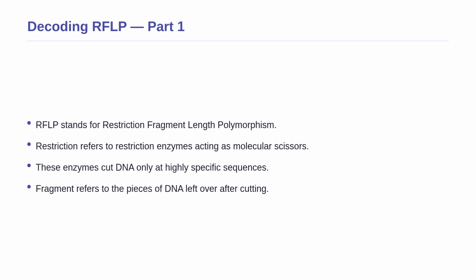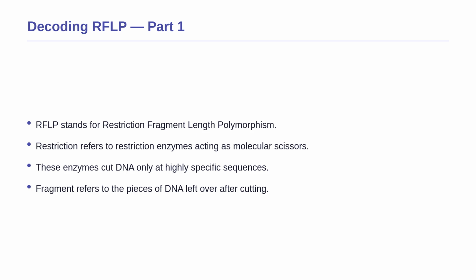Now that we have our analogy, let us look at the formal name of this technique. It is called restriction fragment length polymorphism, or RFLP for short. I know that sounds intimidating, so let us break it down into bite-sized pieces. First, restriction refers to restriction enzymes.